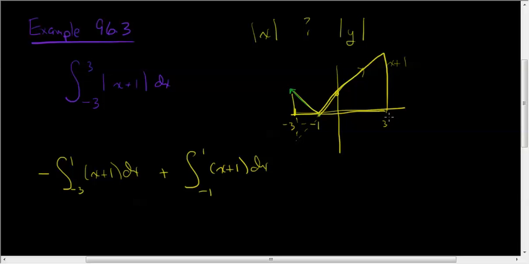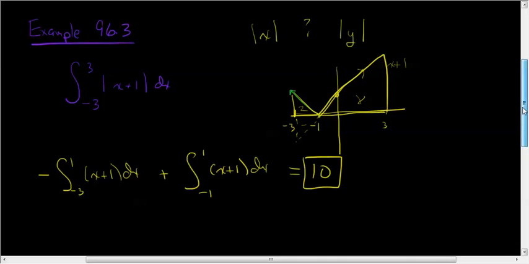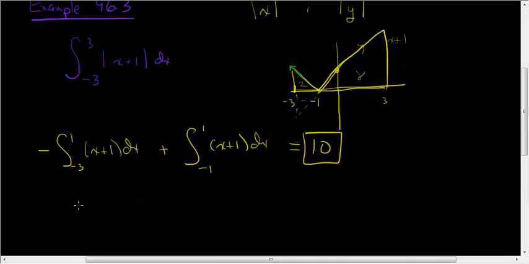I believe this is a 4 by 4 triangle, so that's an 8, and this is a 2 by 2, so that makes this one a 2, so that makes a total of 10. All right, you calculator nerds. There's also an ability to take, whoops, this should be negative 1 to 3. Negative 3 to 3, absolute value, x plus 1 dx, and that also would equal 10.